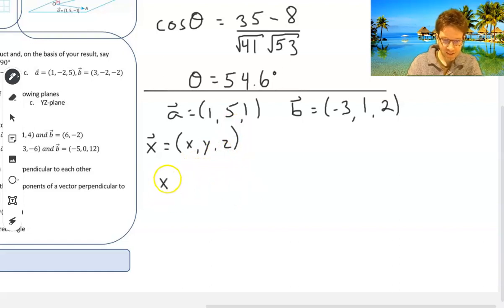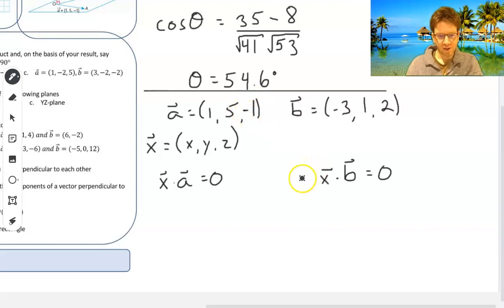That means that x dot A will be 0, but also x dot B will be 0. Negative 1, not 1. Alright, so let's do these dot products. X dot A, so we have 1 times x, which is just x. 5 times y, so plus 5y.